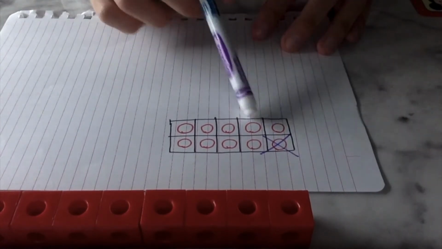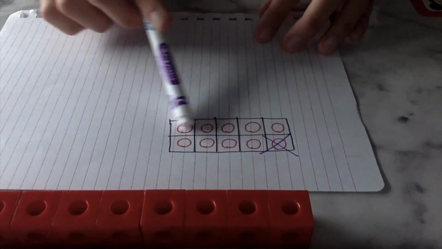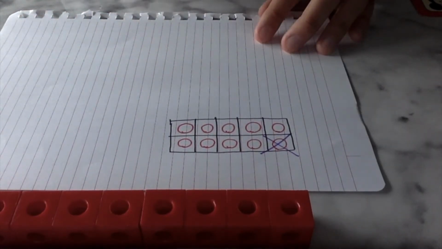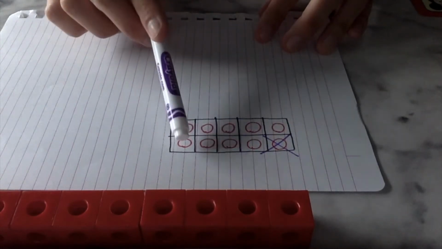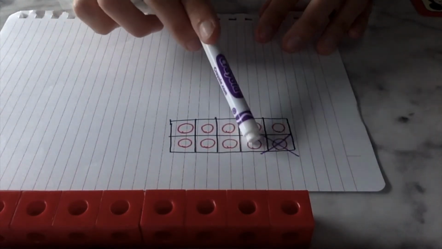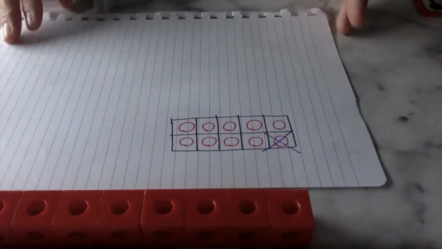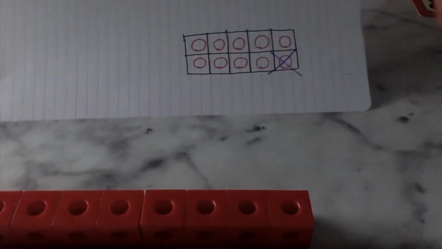Remember, we can skip count here, so we know that the bottom of a 10 frame has how many? 5, so 5, 6, 7, 8, 9 are left. So we have many ways that we can show subtraction.